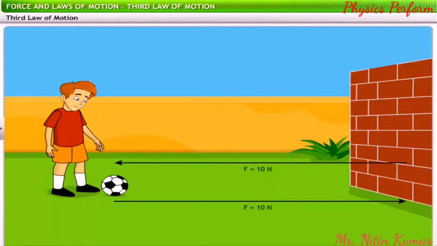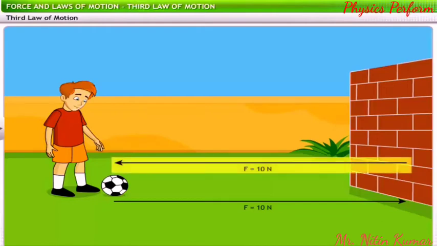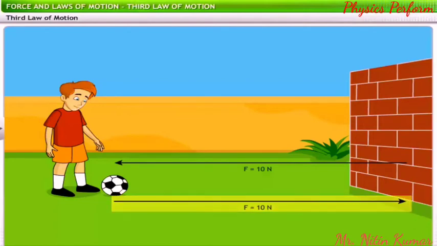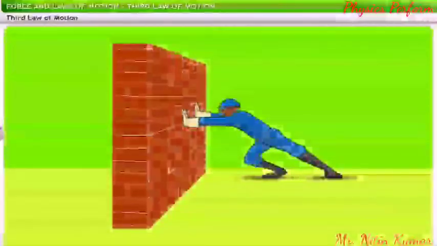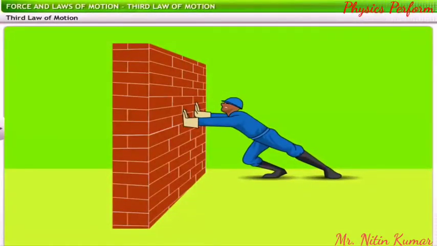The wall kicks the ball back with equal force. The direction of the force exerted by the wall is opposite to the direction of the boy's kick. One force acts on the wall, while the other force acts on the ball.